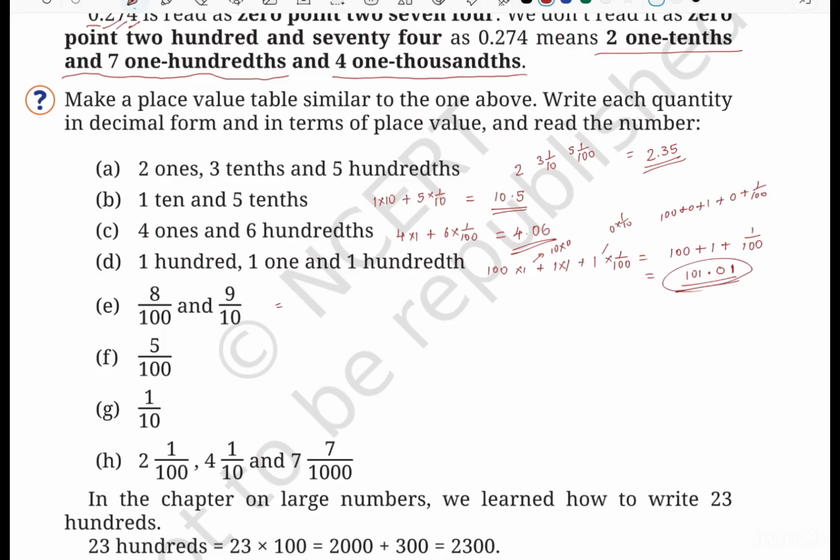Next we have 8 hundredths plus 9 tenths.